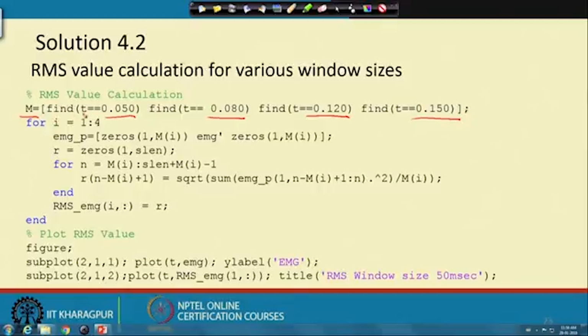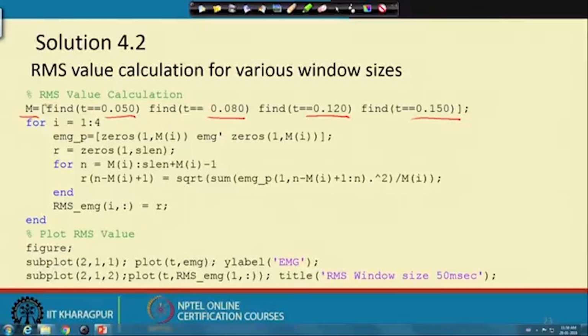Out of the vector t, it will find the index of t when it becomes 50 millisecond, so that value will come at the first place. The next one gives the value when it becomes the same as 80 millisecond.